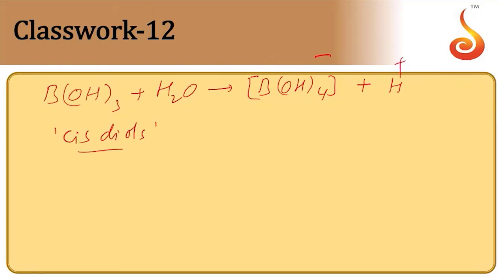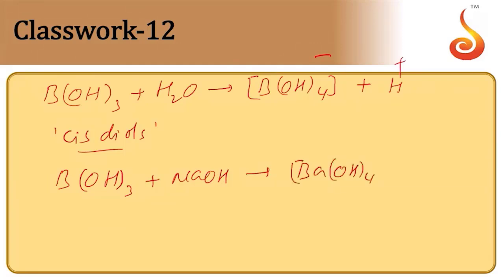And the third option, boron hydroxide does not donate proton, hence does not react with NaOH. Actually, boron hydroxide means orthoboric acid, which reacts with NaOH and then forms a salt, that is B(OH)4- plus Na+, meaning it can form a salt.